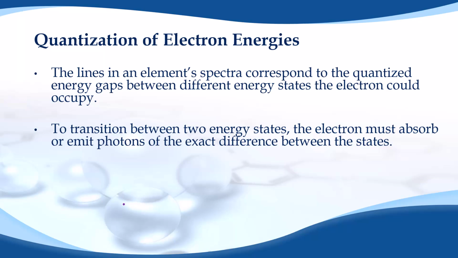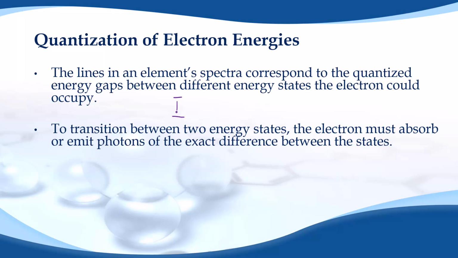Right? So in order to transition between those states, the atom has to absorb, or emit if it's going down in energy, a photon whose energy is the exact difference between those states. So that's what you're seeing in the emission spectra.